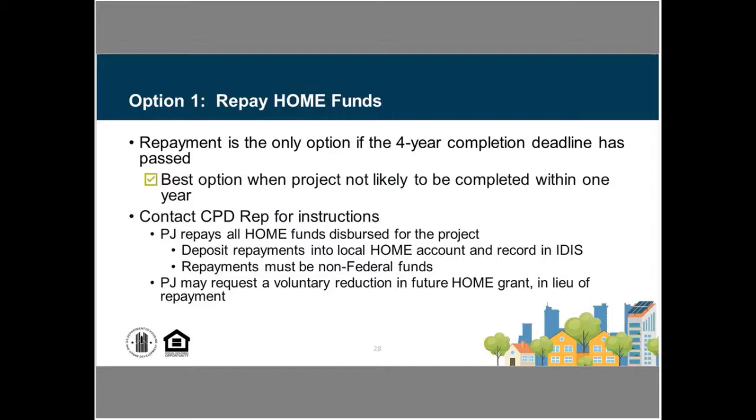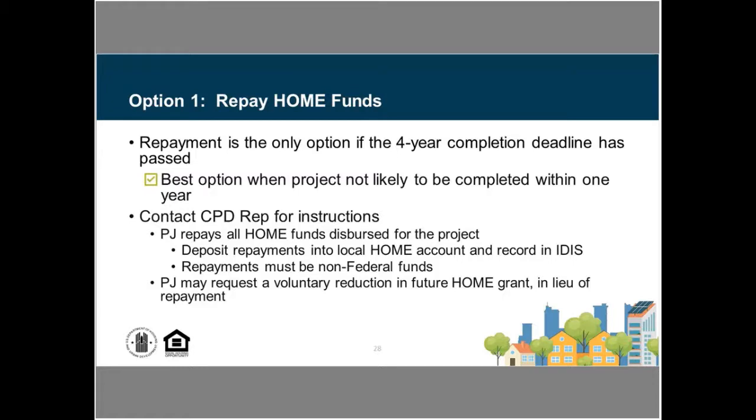If you're repaying HOME funds, you're going to be contacting your CPD rep and working with them for instruction. And essentially, the PJ is going to be repaying all of the HOME funds that have been disbursed for the project. Those funds are going to be deposited back into the local HOME account.